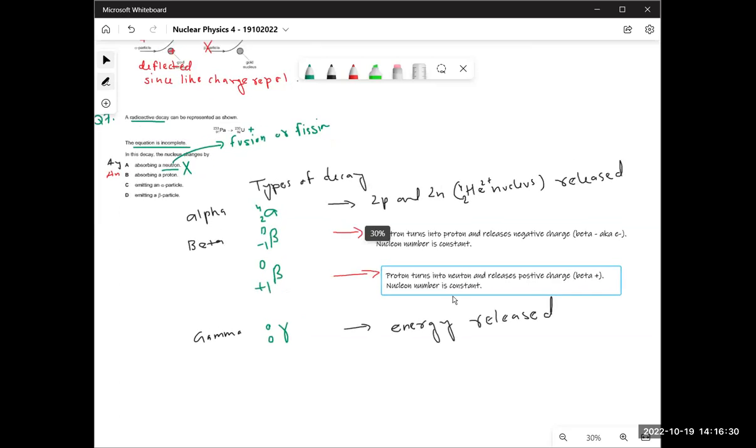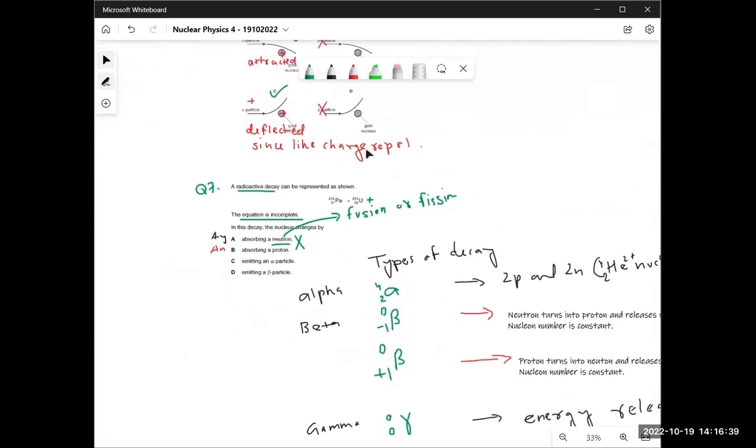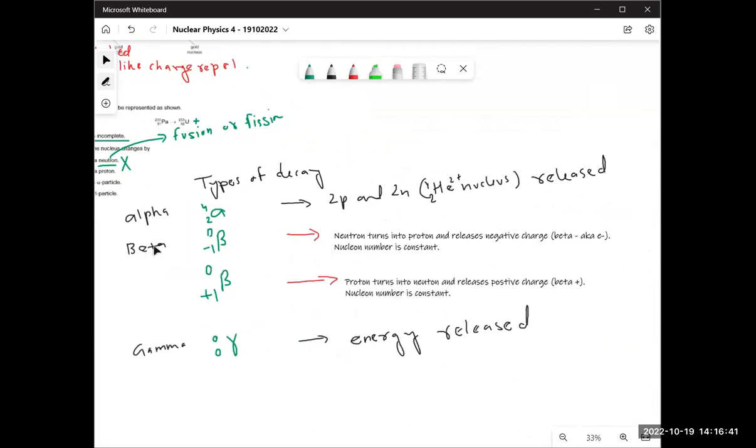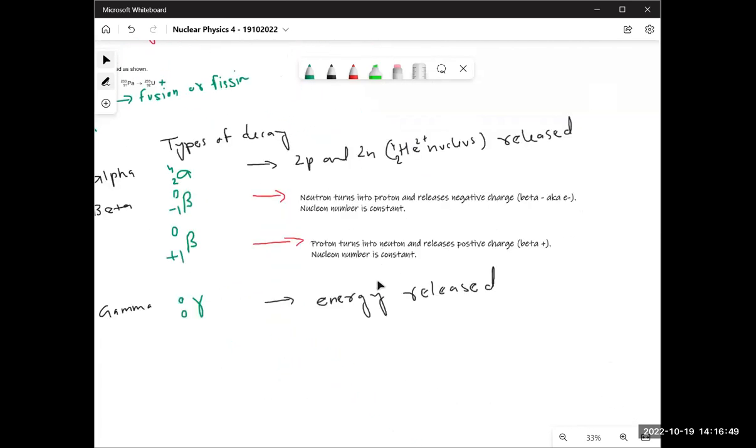Anas, I am done writing. Now you need to memorize this whole thing by heart. Now let's look over here. In beta decay, the nucleon number is constant. One more thing: in gamma decay, both nucleon and proton number are constant.